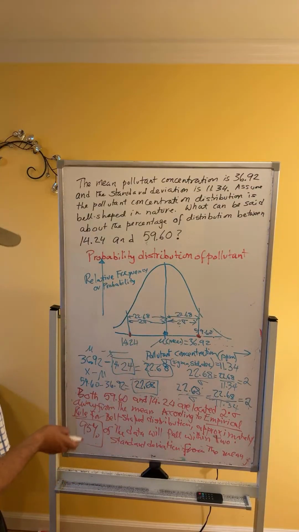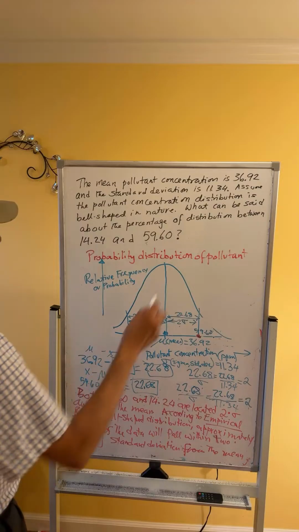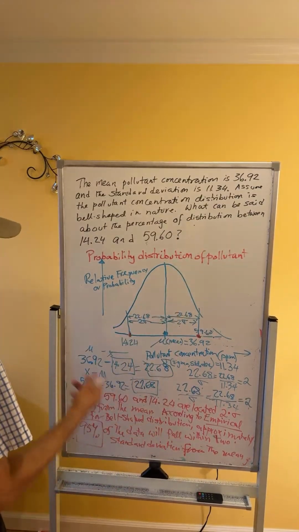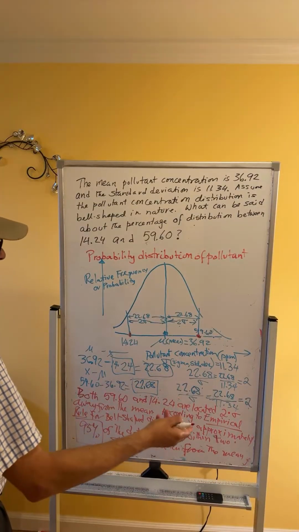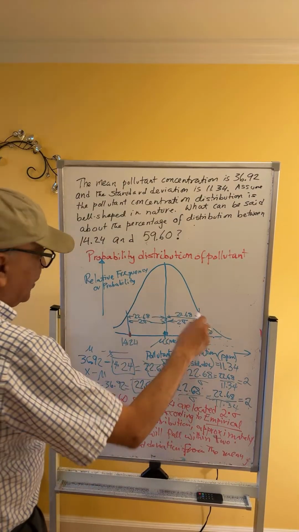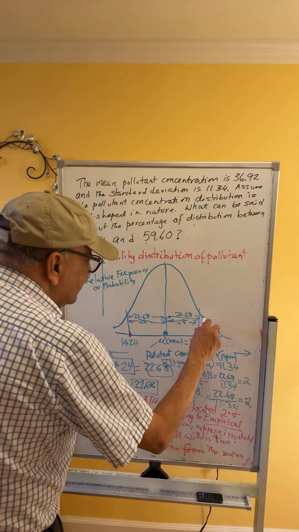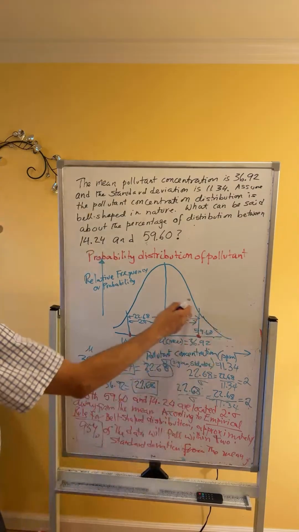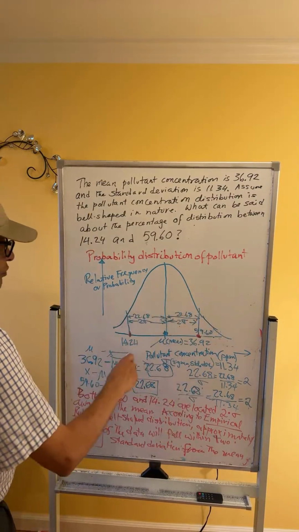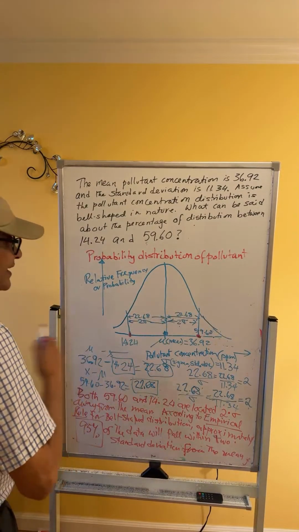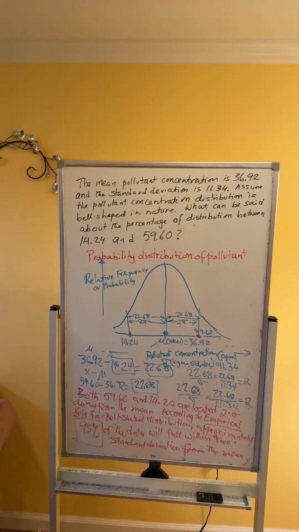According to the empirical rule, approximately 95% of the data will fall within 2 standard deviations of the mean. The empirical rule applies to bell-shaped distributions, which is true in this case. That means between 14.24 and 59.60, 95% of the data will fall. That is the answer to the question.